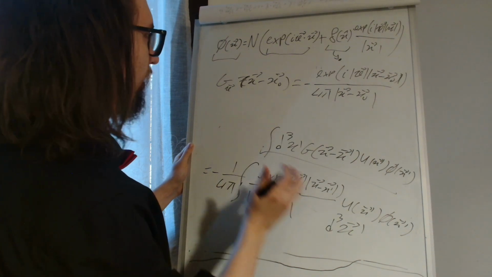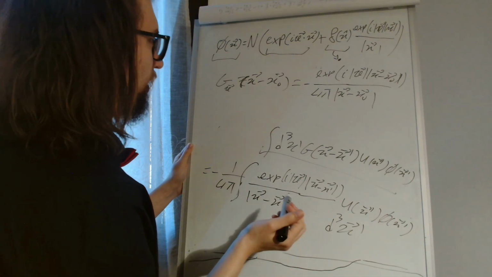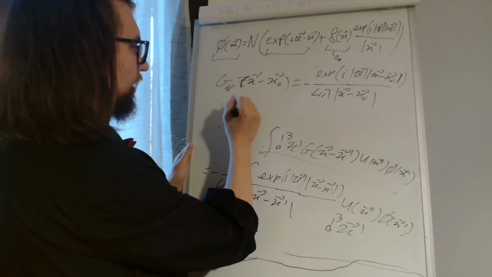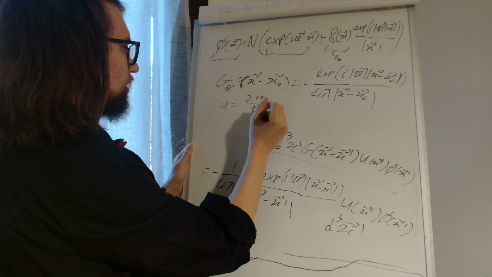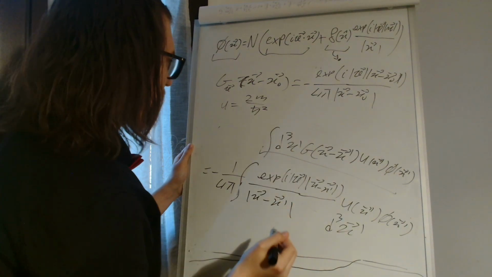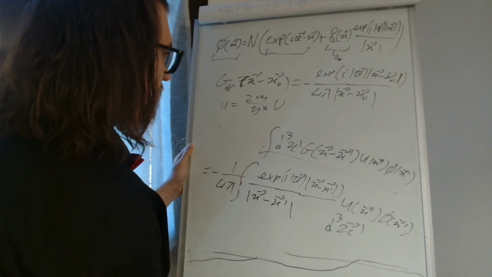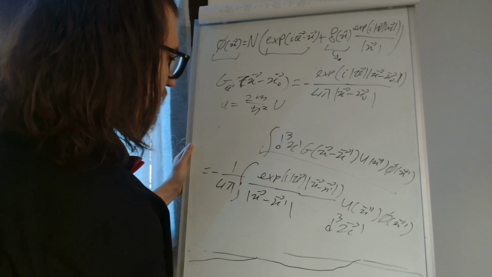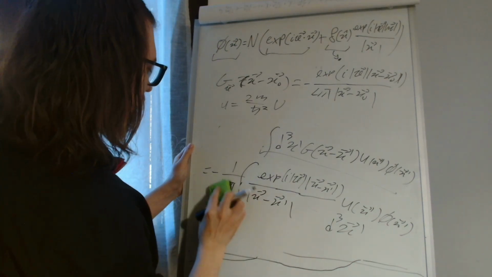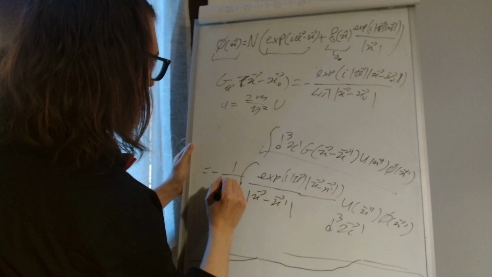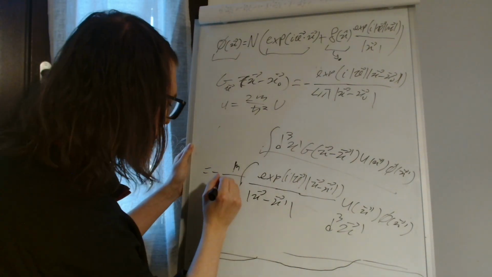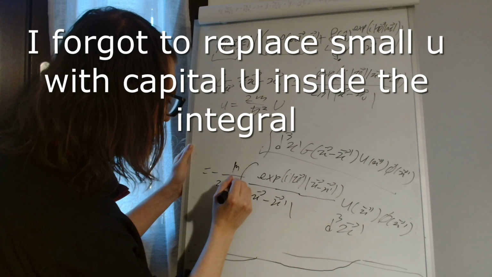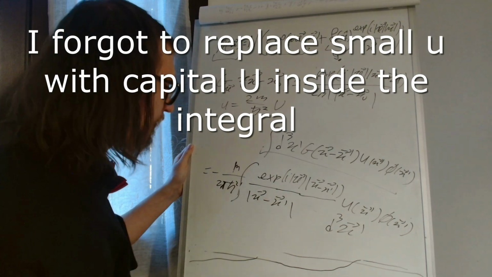Now we can do the substitution. U is the scaled potential energy, 2m divided by h bar squared times U, and so here we get 2, here we get m, and we also get an h bar squared.